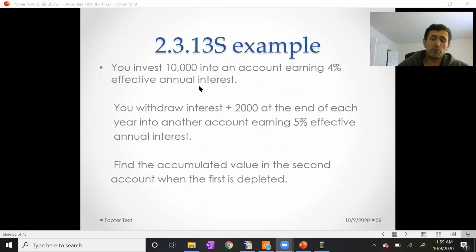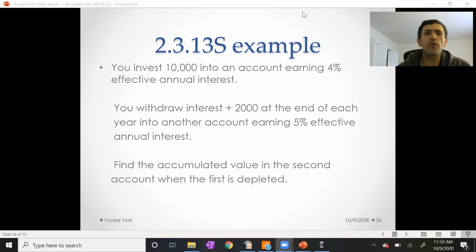So again, before I continue on, I just want to emphasize that just like when we did the similar reinvestment problem, the 4% for the first account has no relevance to our annuity formulas for finding the accumulated value in the second account beyond telling us how much is deposited into the second account.